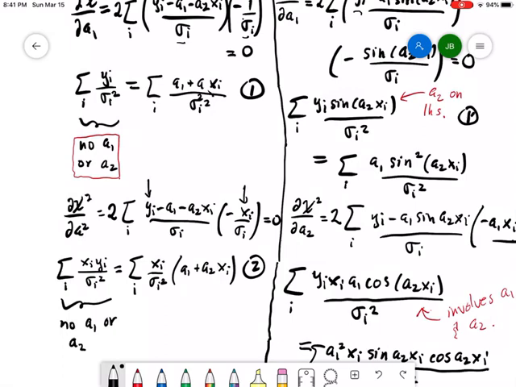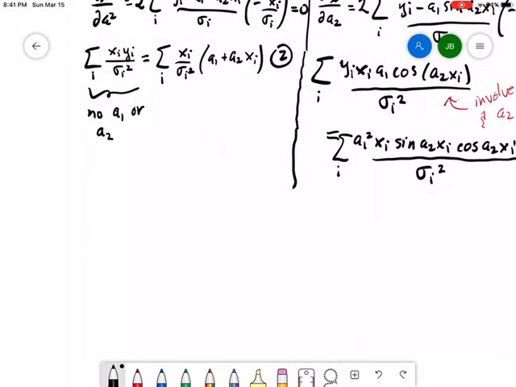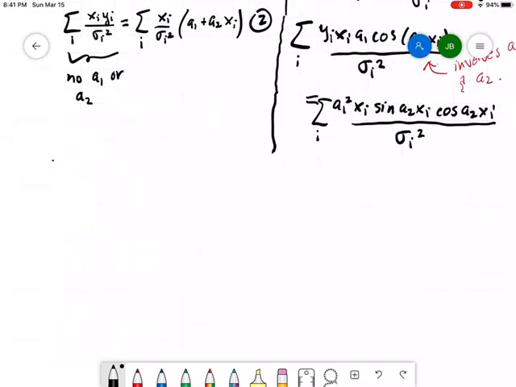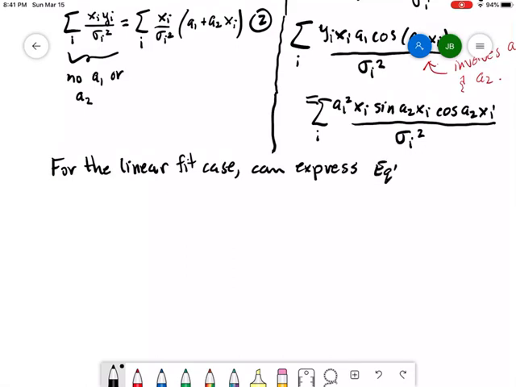In particular, for the linear fit case, we can express equations 1 and 2 as a matrix.